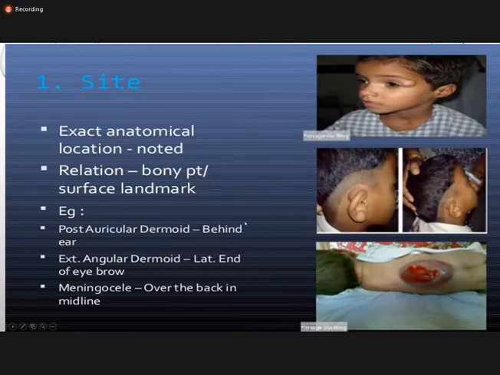Okay, and this second picture, what is this? This is also a dermoid. This is post-auricular dermoid. Post-auricular dermoid, it explains its anatomy itself. Okay, post-auricular means behind the ear. What is this third picture?